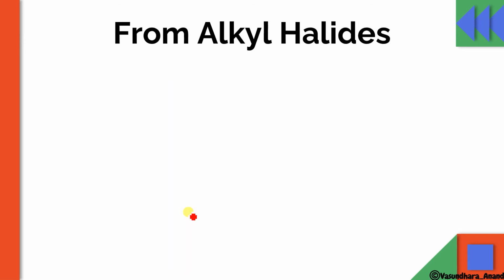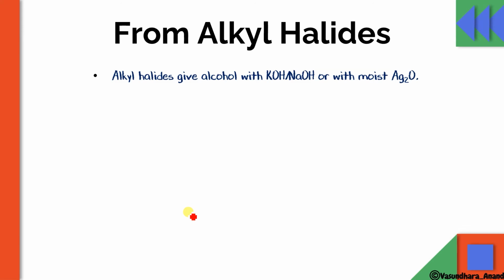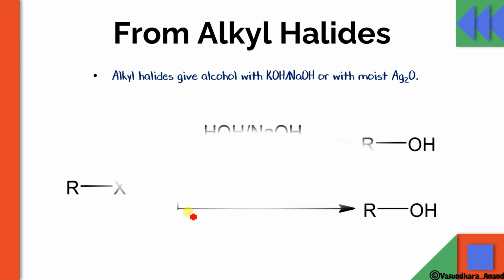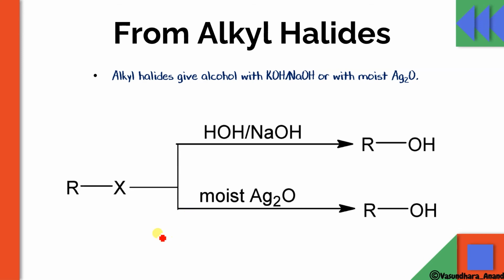Okay, so now next thing is from alkyl halide. Alkyl halide gives alcohol with KOH and NaOH, and with moist Ag2O also it gives alcohol. Let me show you first. This is RX, and in the presence of NaOH we will get alcohol, and in the presence of moist Ag2O we will get it. It is a mild base, and a mild base gives the better yield.